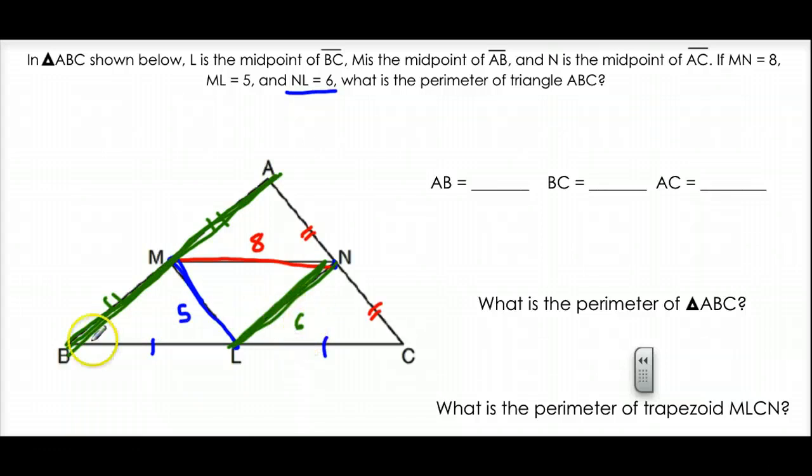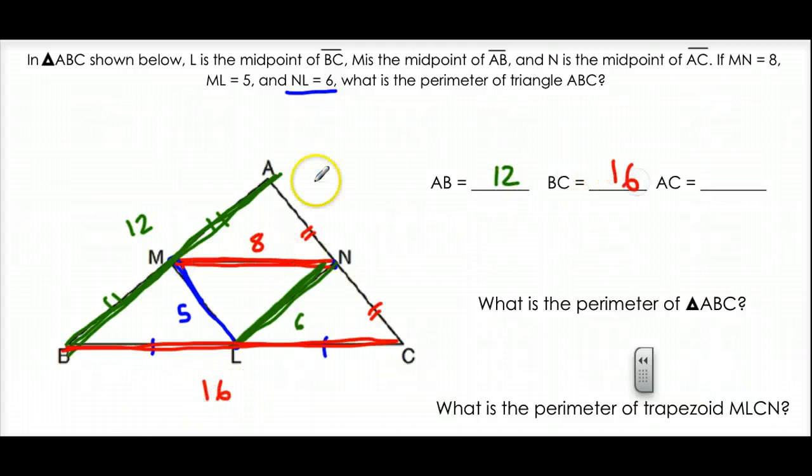So we know that the base is going to be twice the midsegment, so we know AB is 12. We also know here that BC is the base for MN, right over here. So this would be double that, which is 16. And AC, that's right over here, and this is its midsegment, so that will be double it, that's 10.